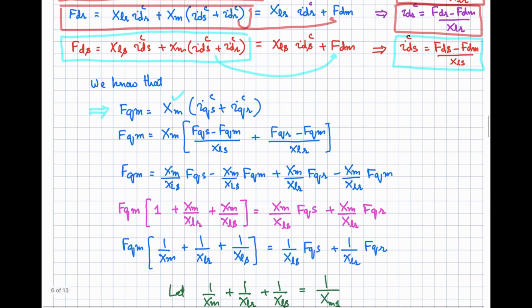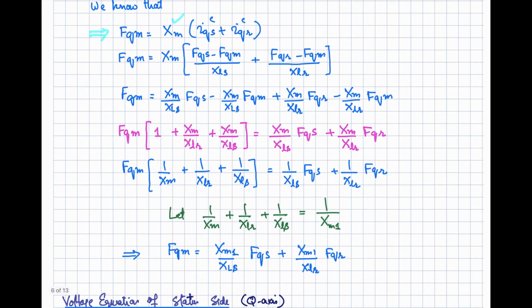So now if you expand and simplify first of all, you will get this equation, and collecting the terms with the same variable FQM, this can be written like this, and on this side we will be having FQS and FQR. If I shift this XM to this side, we are going to divide all the terms by XM, so these XMs will be cancelled out, and you will be left with this one.